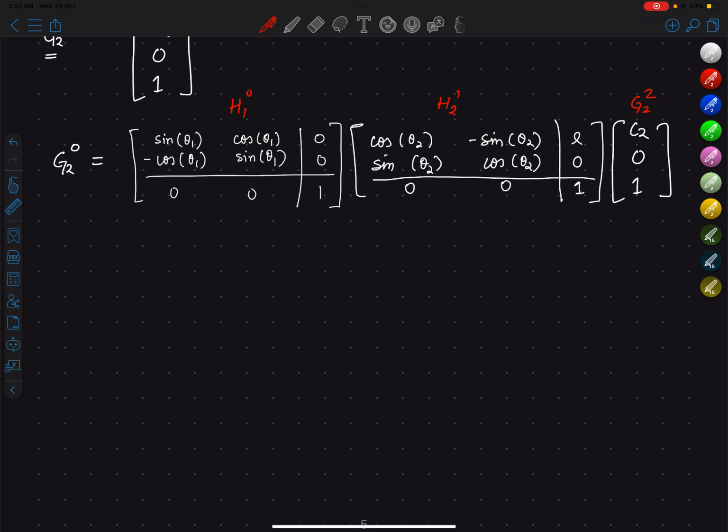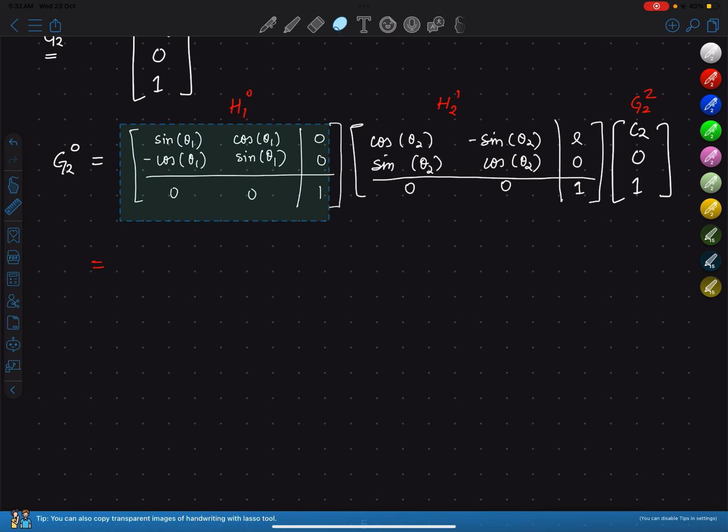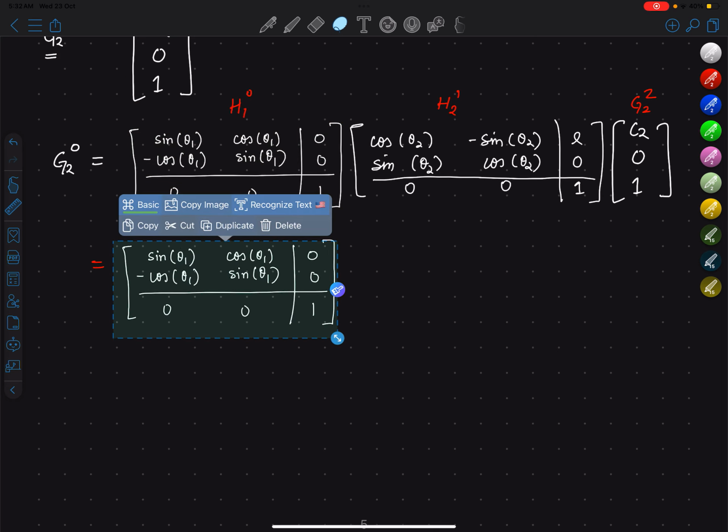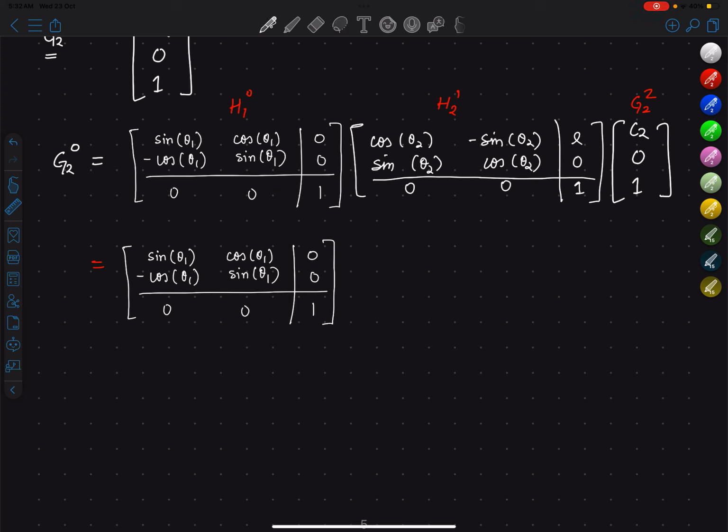Now let's multiply them one by one. This will be copied as it is, and this multiplication will give you C2 cos theta 2 plus L, because this multiplies with this, and then the second one gives you C2 sine theta 2 only, and then 1.